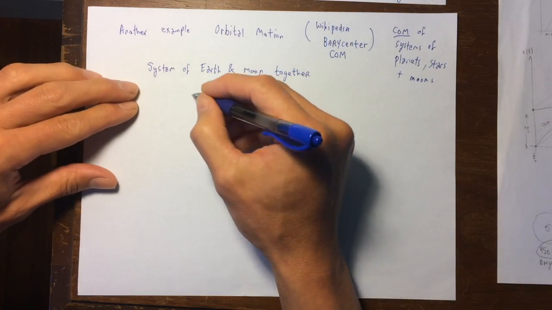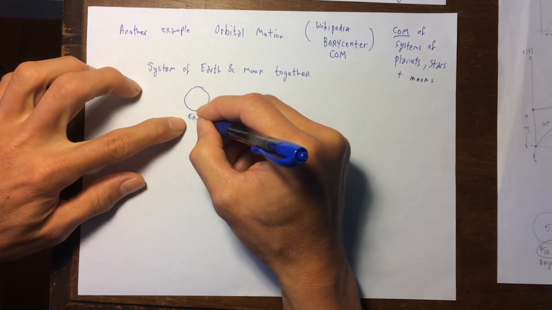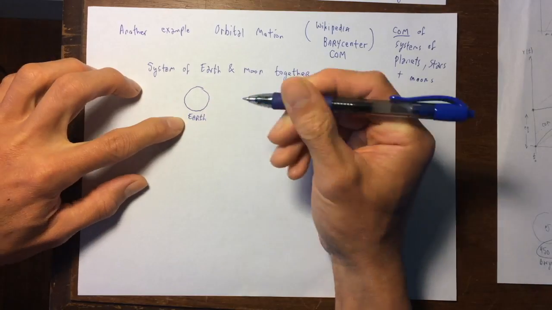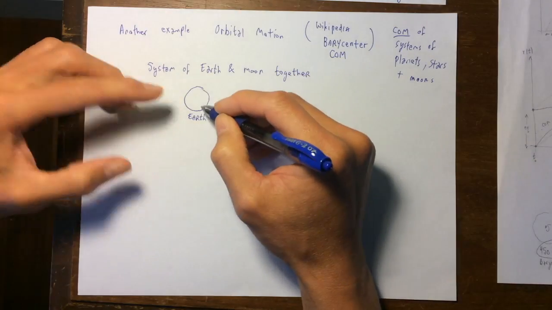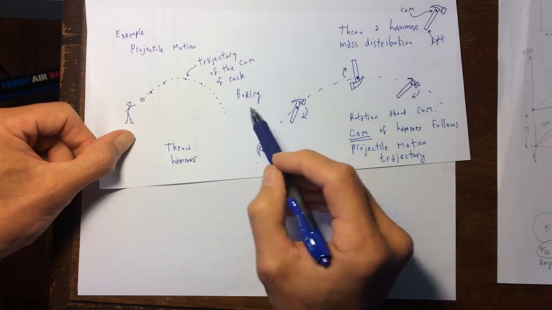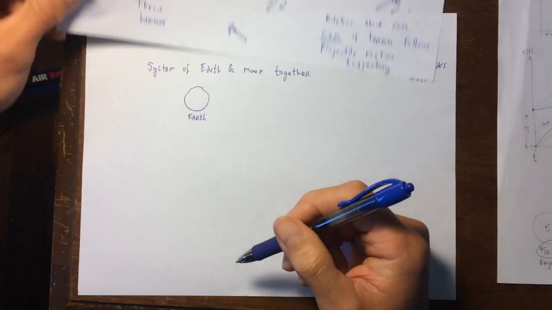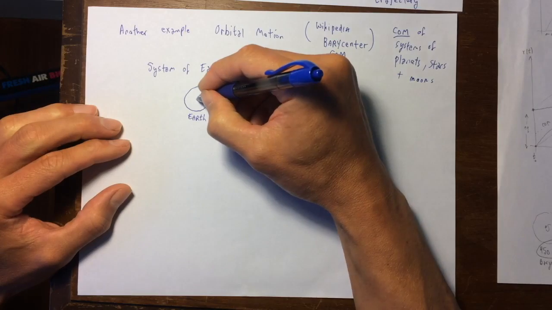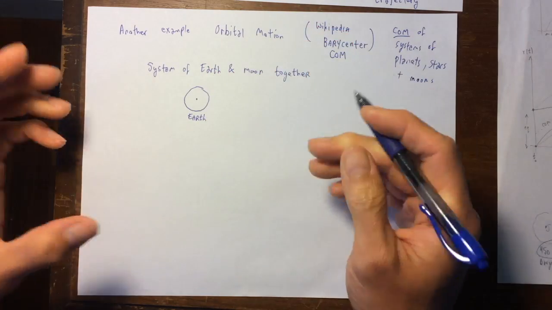So check this out. The Earth is this spherically symmetric kind of massive object, a lot like this really boring rock. It was boring because the center of mass just marked the center of the object. And the center of mass of the Earth is right dead center of the Earth, basically.